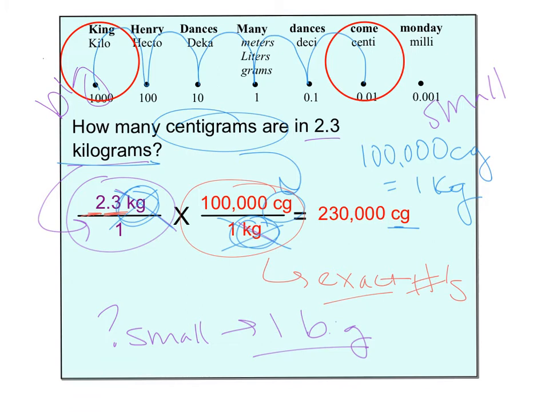You technically could count that if you wanted to. So this relationship is exact, so we do not include it for sig figs. However many I have at the beginning, which is 2, is what I should have at the end here. Let's go ahead and work through another example together.